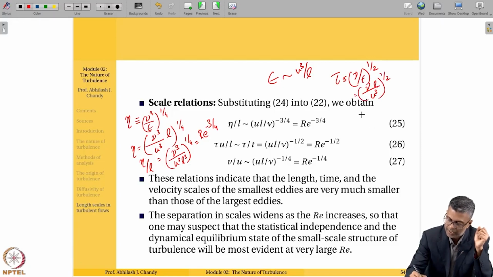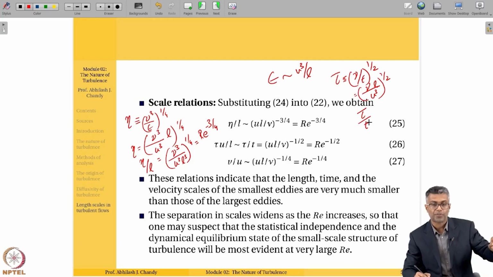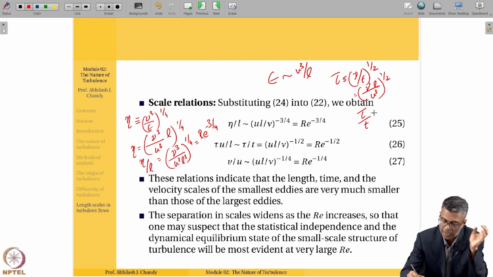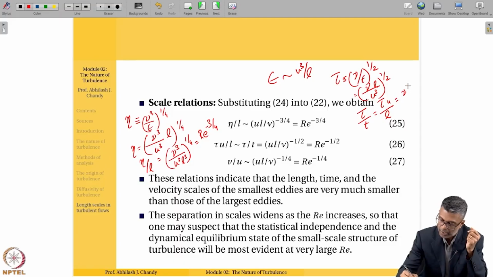If I take tau over T, a Kolmogorov timescale to a large timescale, where T is L over u, that becomes tau u over L, which is (nu L u squared over u cubed L squared) to the half.